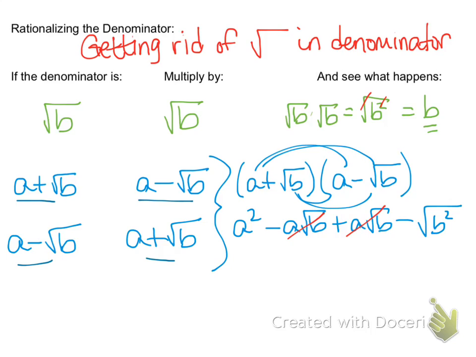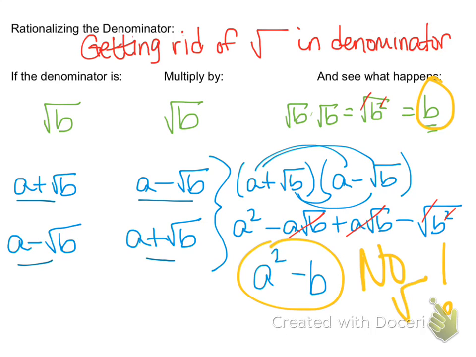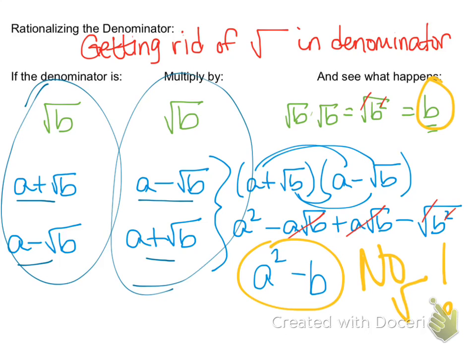And so my two middle terms are positive and negative of the same value, so they cancel, and I have a squared minus, and again the square root and the squaring undo each other, so I have a squared minus b. And you'll notice that in both of these simplified answers, there's no radical. So if any of these cases are in the denominator, then that's what you'd have to do to get rid of it.